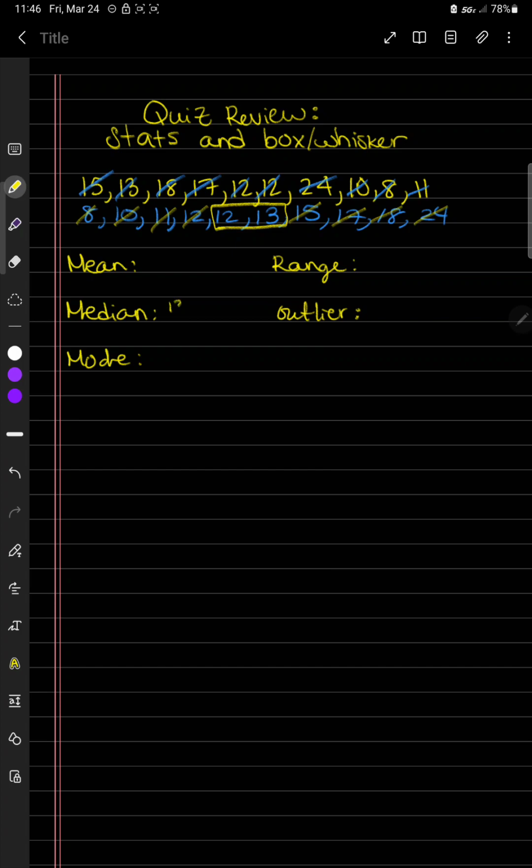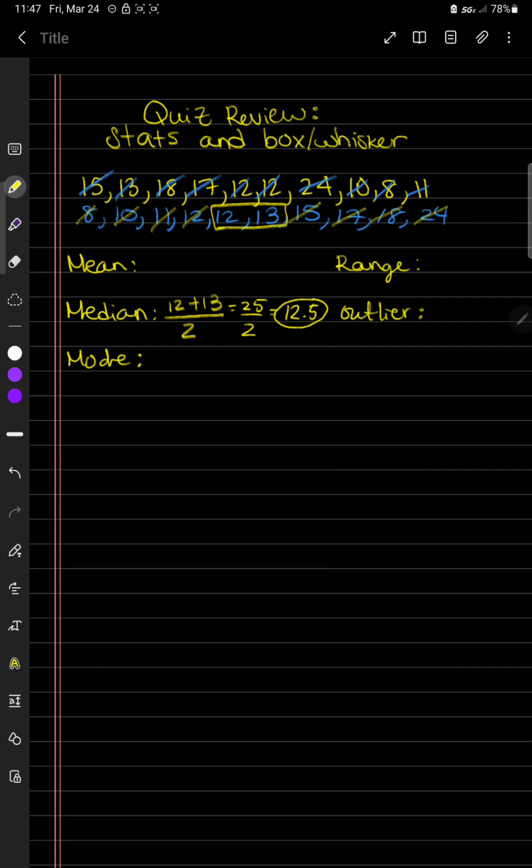So we add that and then divide it by 2. So that's going to be 25. 25 divided by 2 would be 12.5. So 12.5 is our median.